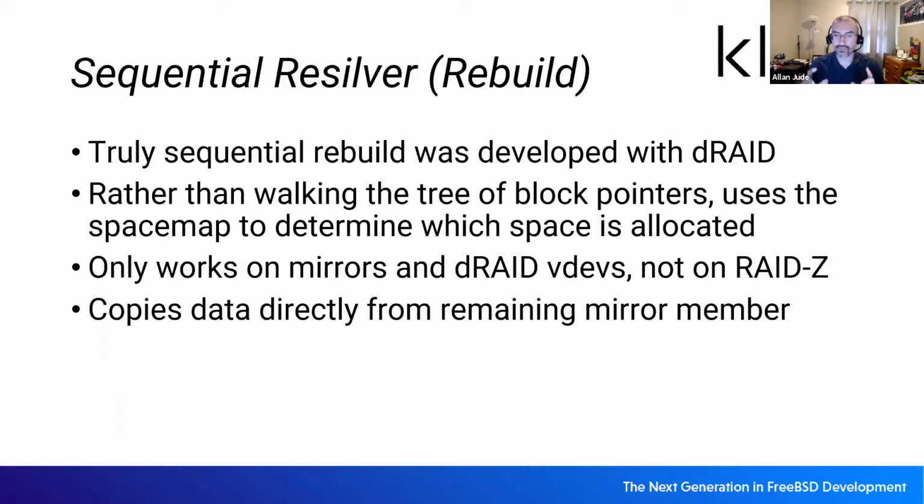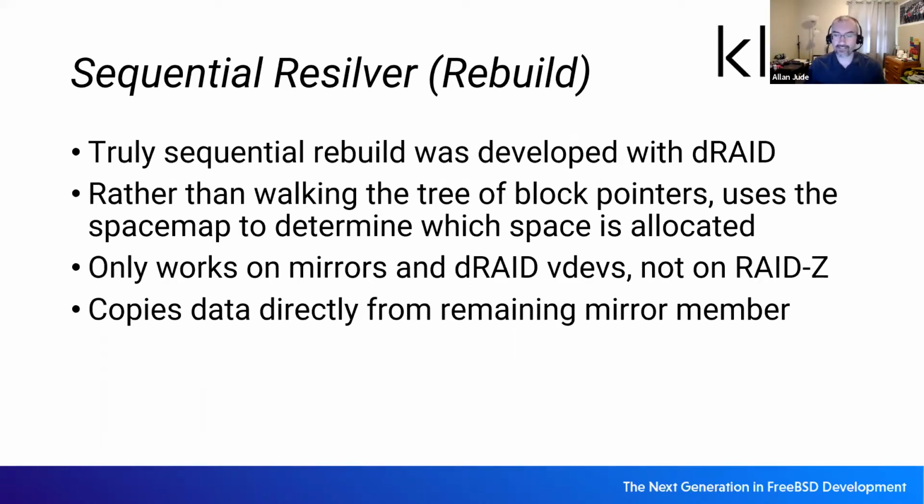And so it knows which parts of the disk are full of data and which aren't, but it doesn't know the checksum or what file that data relates to. So if you're using DRAID or mirrors, then you can actually just, like a hardware RAID would do, start at the beginning of the disk and copy all the data through to the end. Although with ZFS, you also do get to skip the bits that aren't allocated. This doesn't work for RAID Z, and I'll explain why.